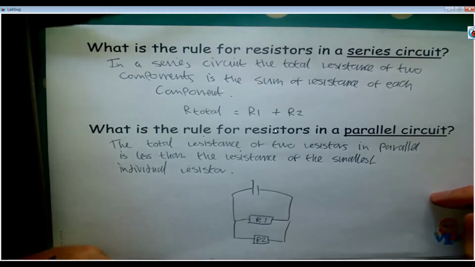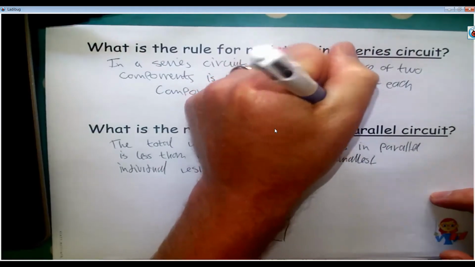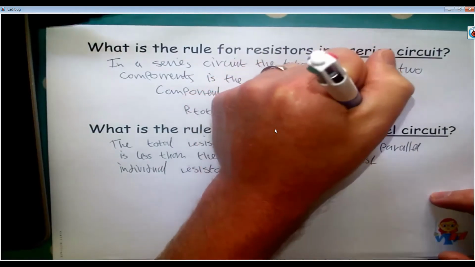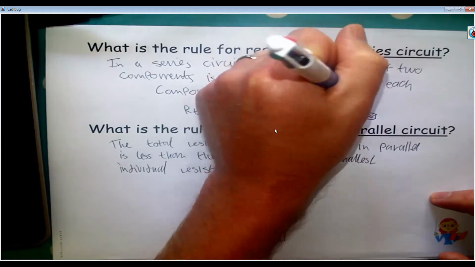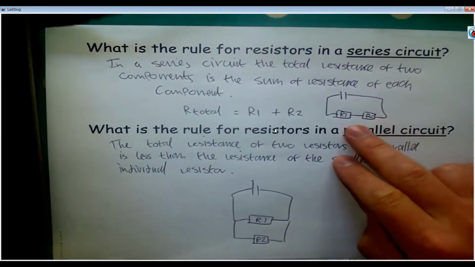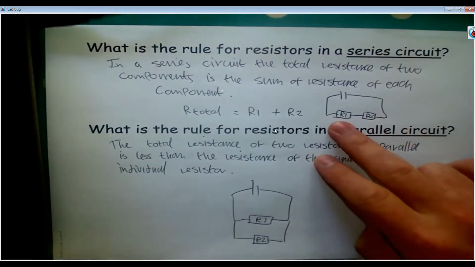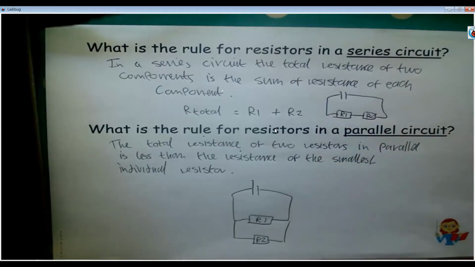You don't need to be able to calculate total resistance in a parallel circuit from the resistors themselves. Okay, you may be asked to calculate resistance in different loops, but you won't be asked to calculate total resistance in a parallel circuit, but you may be asked to calculate total resistance in a series circuit, which we spoke about a minute ago, is just adding resistor 1 to resistor 2 to get the total resistance.